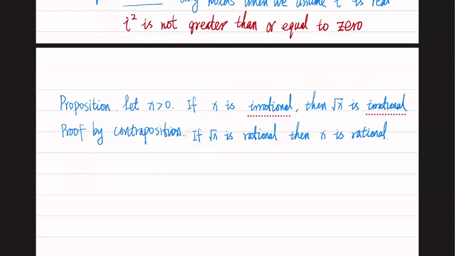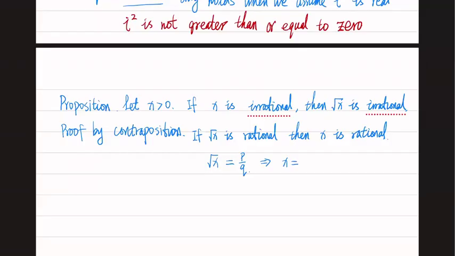Okay, Fred, how would you use this information? Some number is rational. So a rational number we write as the quotient of two integers. So we can write the square root of X as P over Q, where P and Q are integers. With this, what do we say about X?